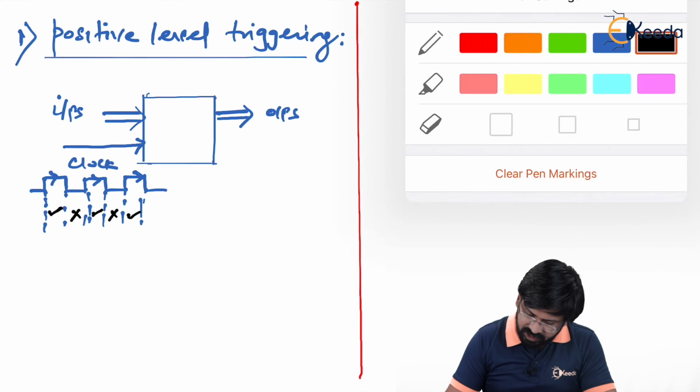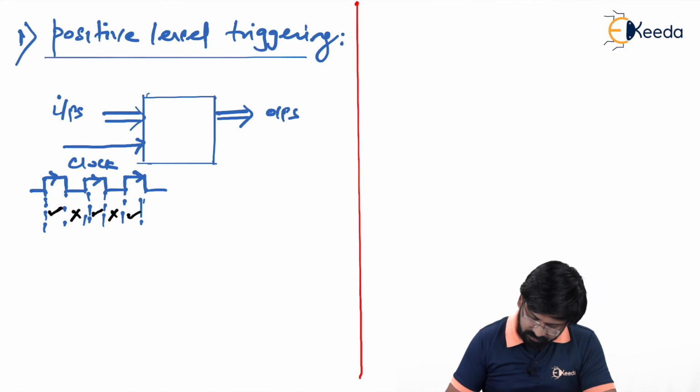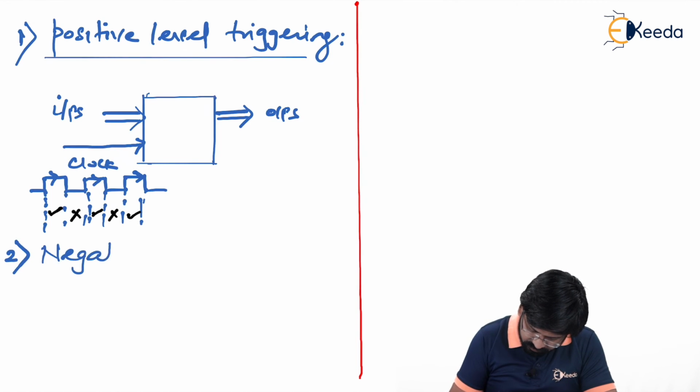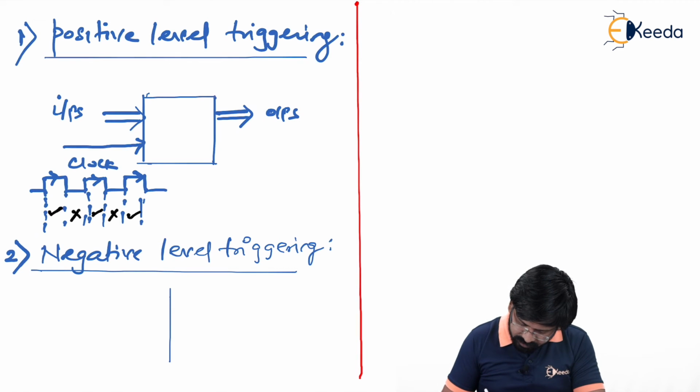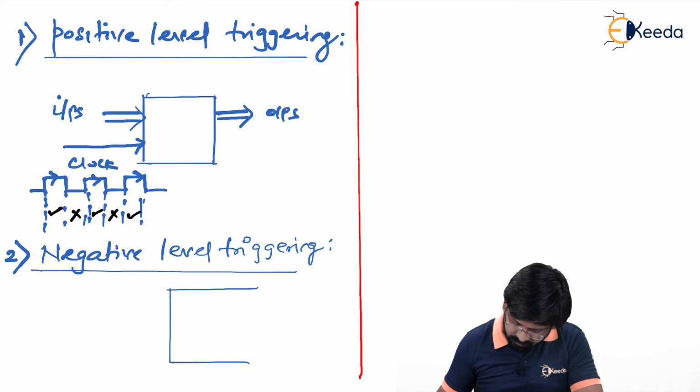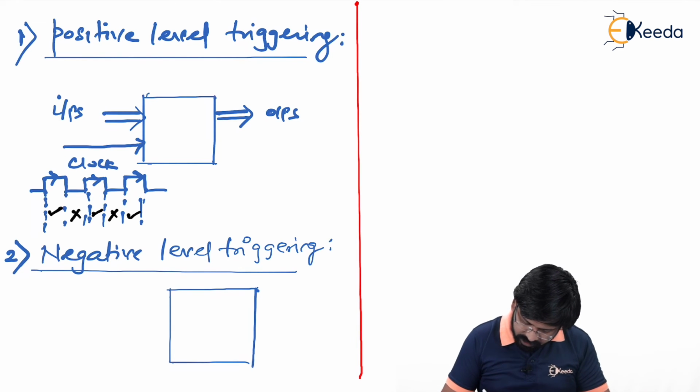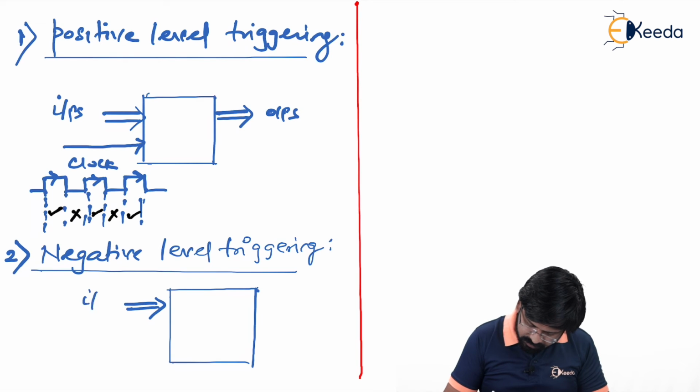So now we shall see the next type, that is negative level triggering. In negative level triggering, let us have some device, again which has some set of inputs and some set of outputs. And for timing reference, I have applied a clock.